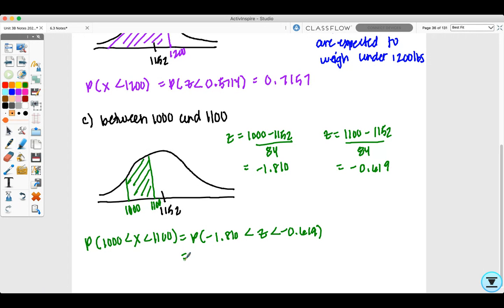And then you would go to your table. You should have gone to your table to find the values and subtracted them, and when you subtracted them, you should get 0.233.